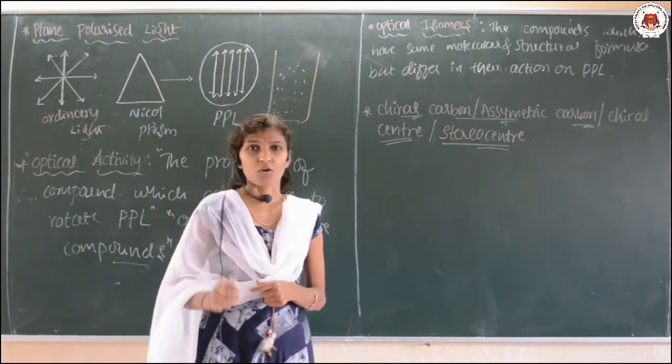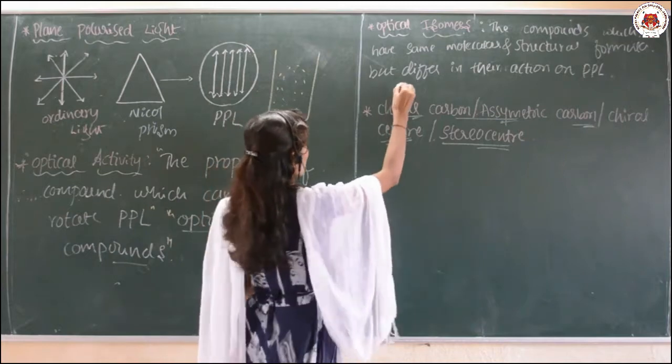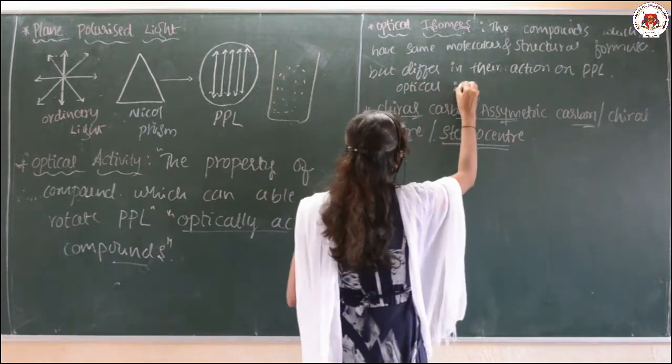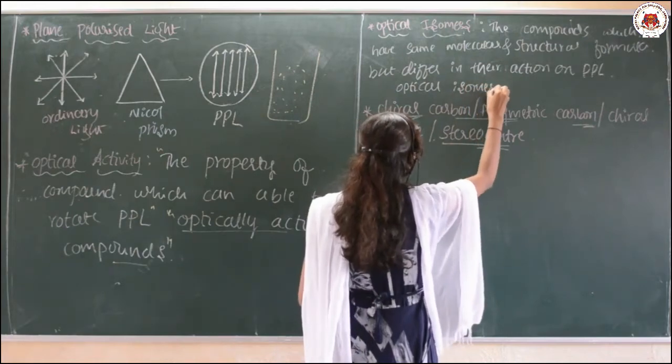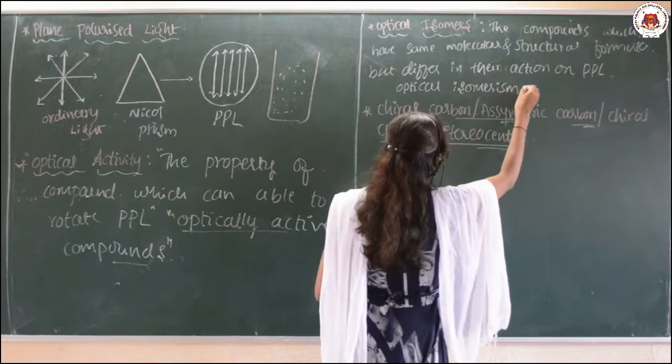Such compounds are called optical isomers, and the phenomenon is known as optical isomerism.